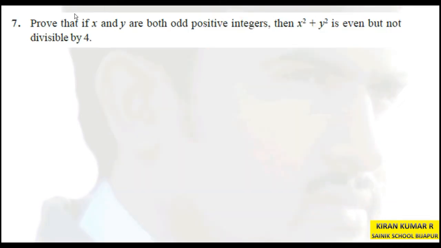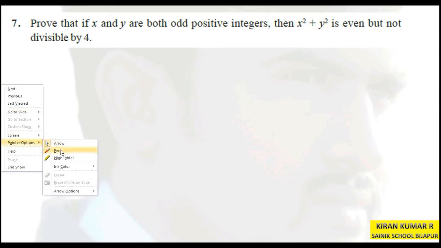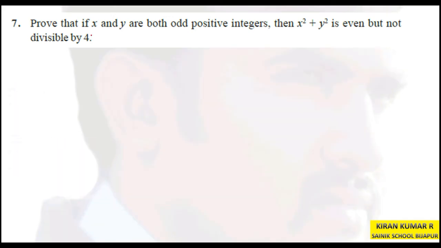Question 7. It is a little logical. Prove that if x and y are both odd positive integers, then x square plus y square is even but not divisible by 4.